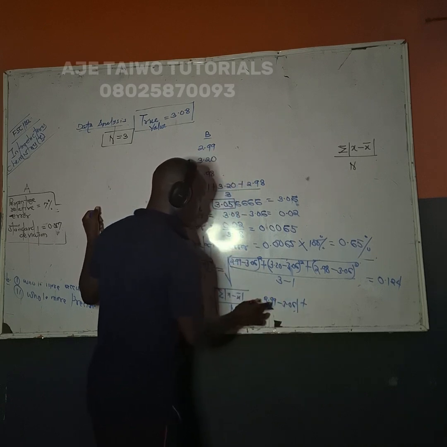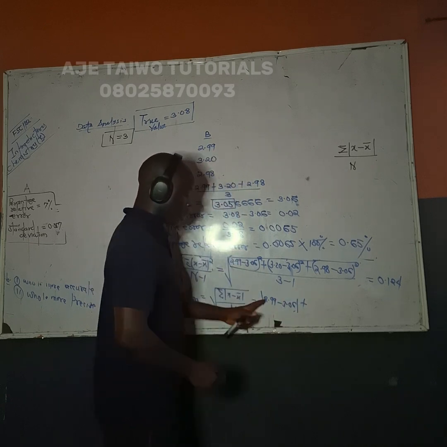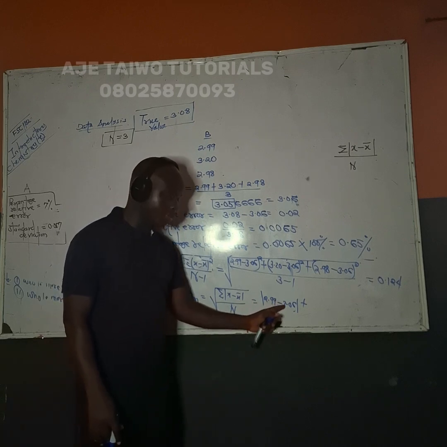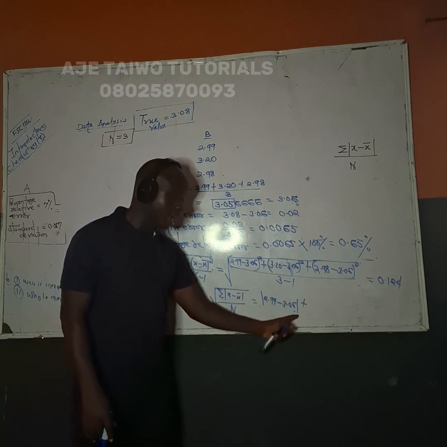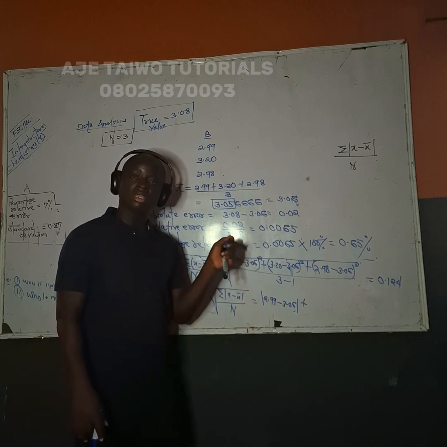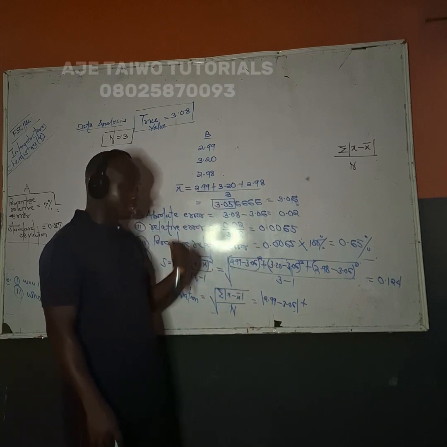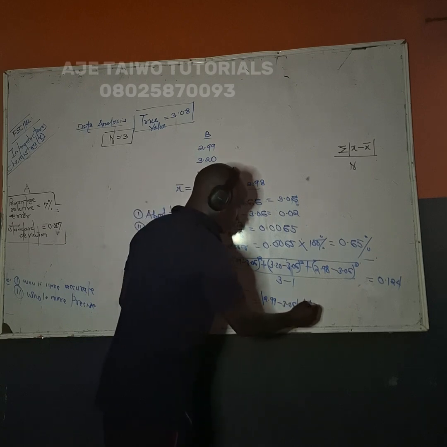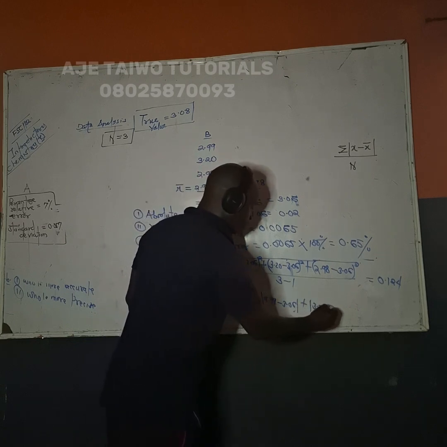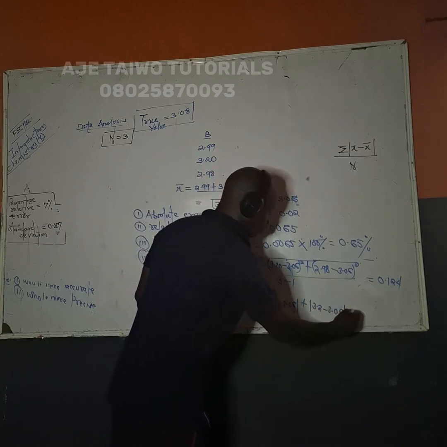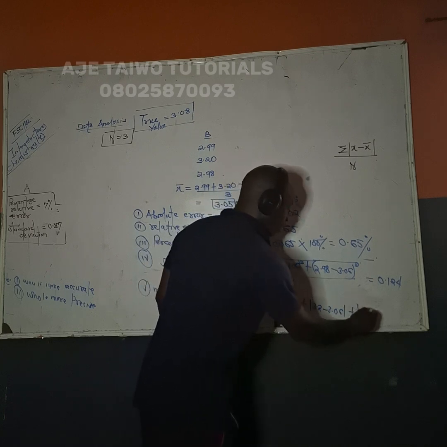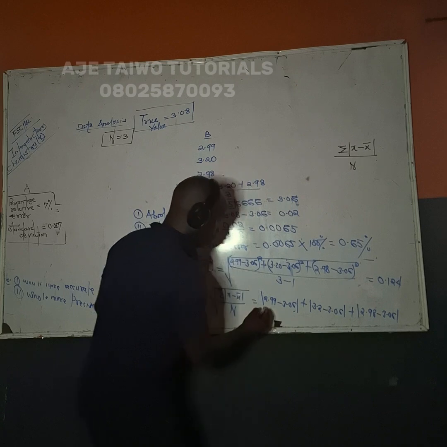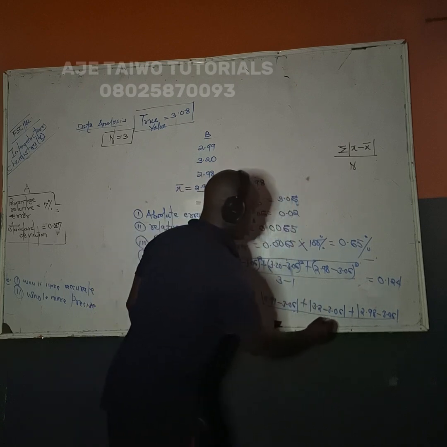This is a bracket, meaning that with this sign, if you get minus, report it as plus. Then 3.2 minus 3.06 plus 2.98 minus 3.06, all over 3.